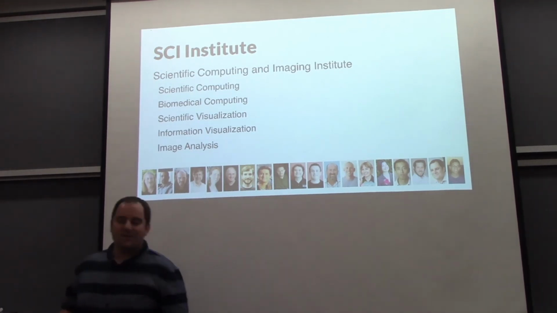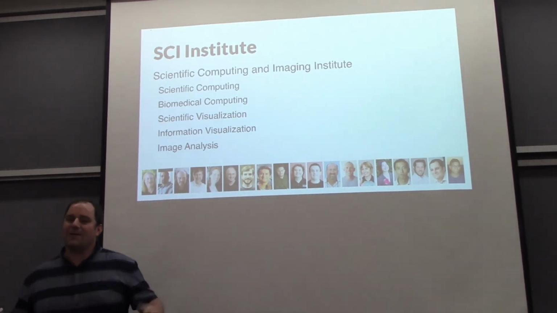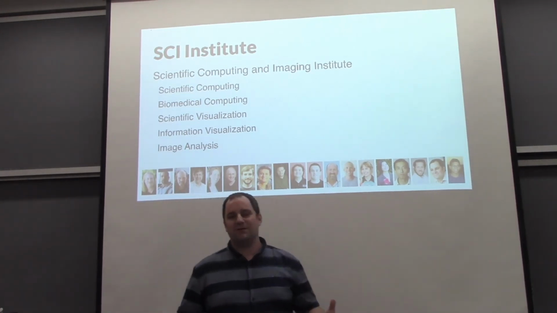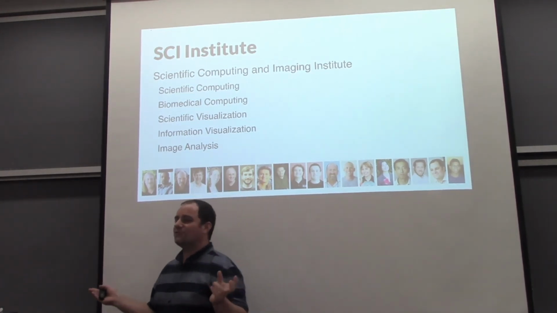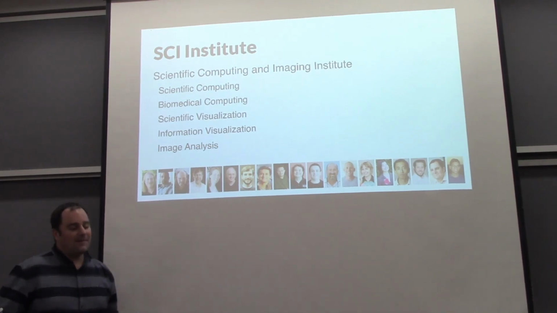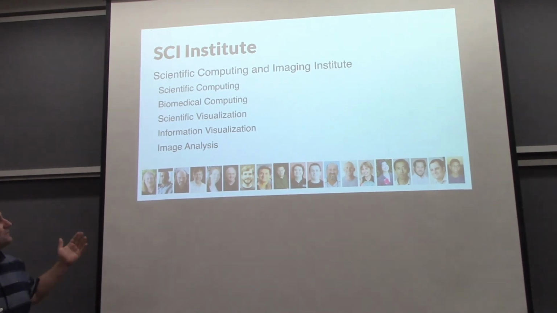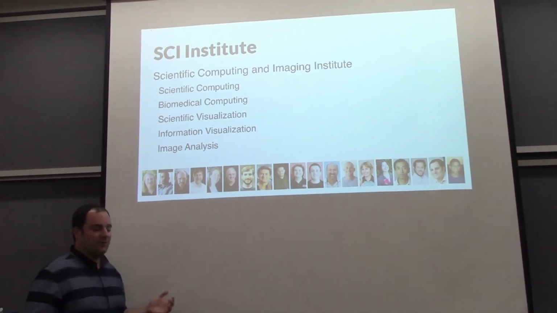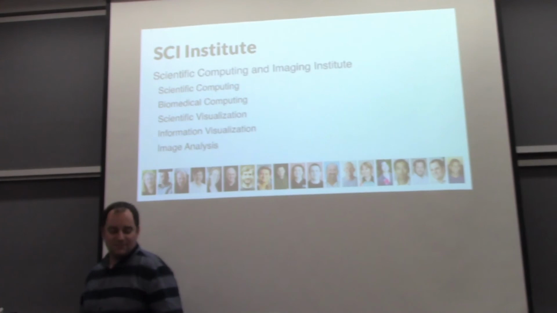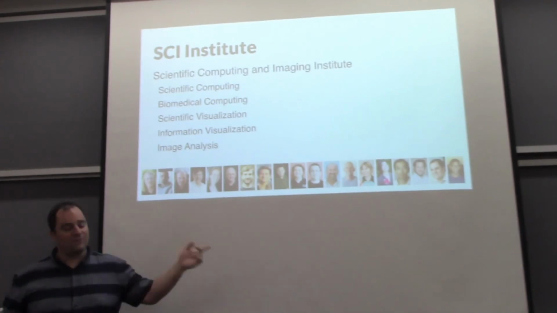I'm part of the SCI Institute. The SCI Institute is a separate entity from the School of Computing. It is an interdisciplinary institute. This is my research home, while my academic home for teaching and so on is the School of Computing. What we do at the SCI Institute is scientific computing, biomedical computing, scientific visualization, information visualization, and image analysis. And these are the headshots of our faculty.